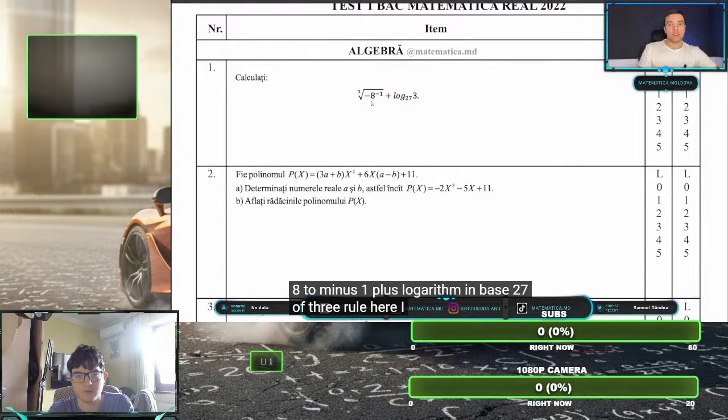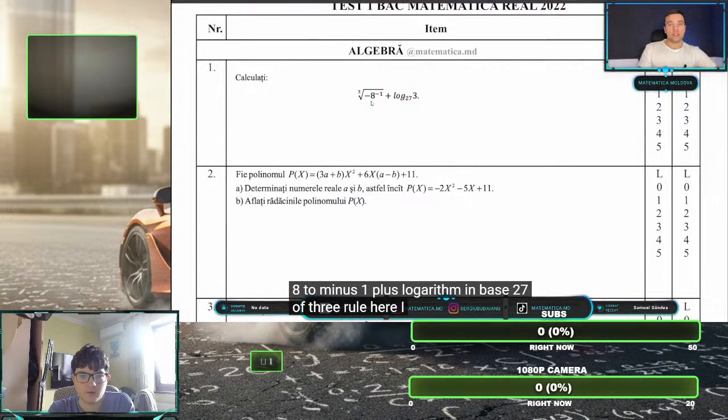And now about this logarithm base 27 of 3. Basically you gotta look at 27 and use the same power as the number on the right. You got 3 on the right, so 3 to the power of 3 is 27, so the base is not 27 but 3 to the power of 3.